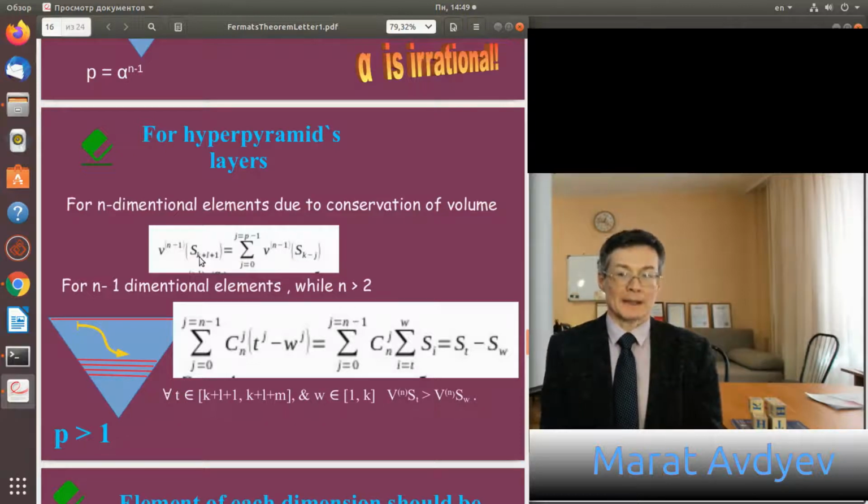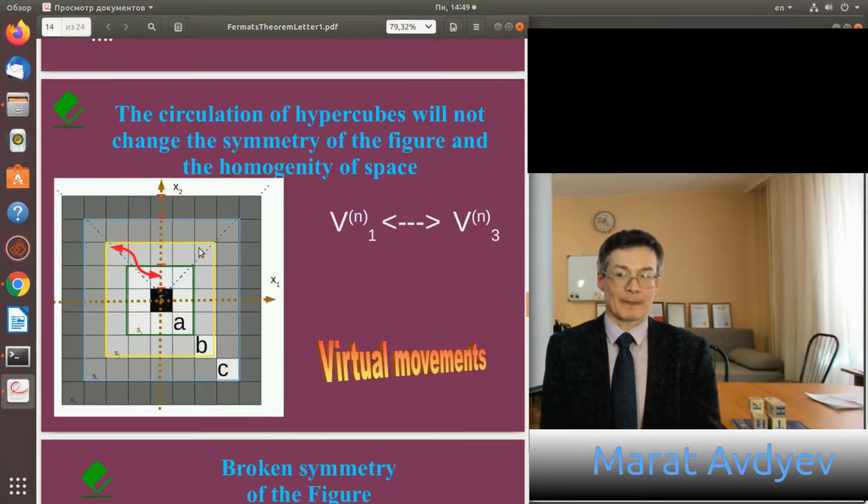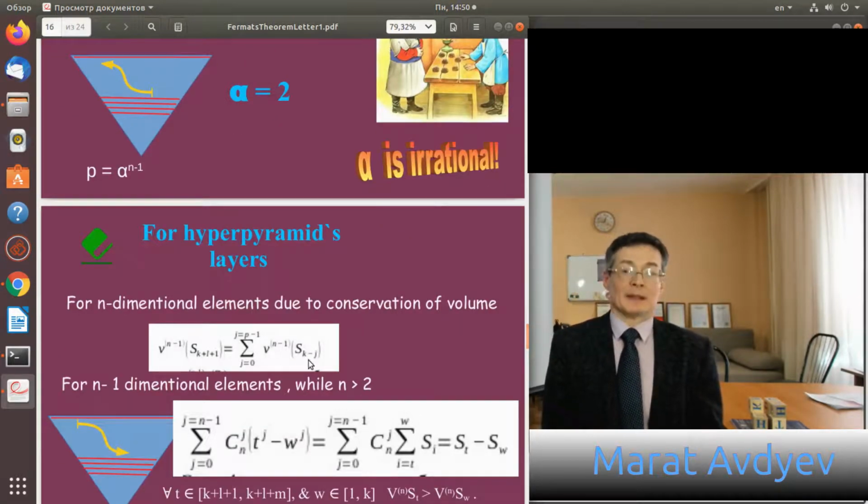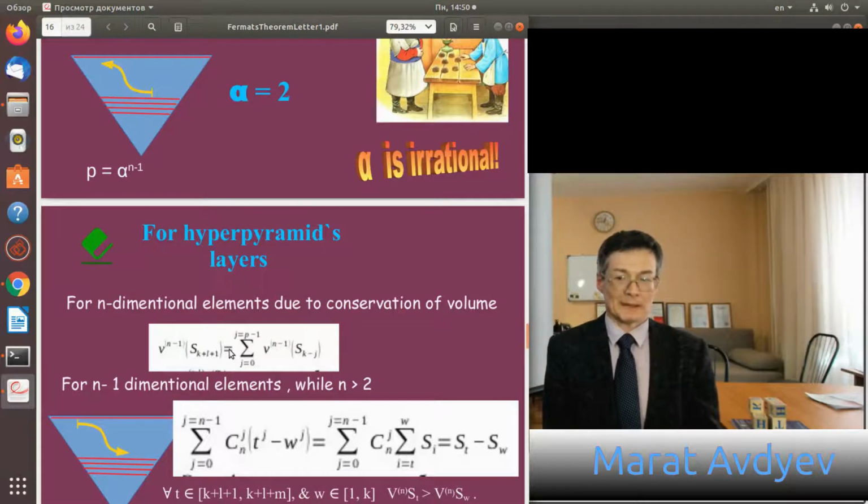Here is the zone of BC large cube, yellow. And here are the layers from the small hypercube A. Equivalence.